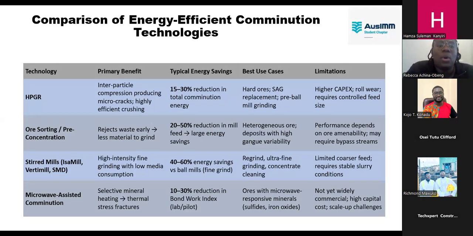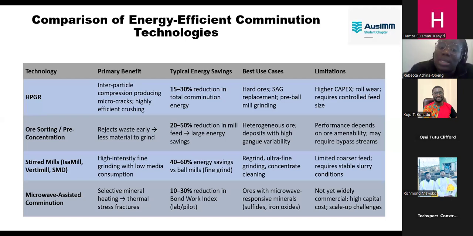So this is a table comparing all the technologies that we've just discussed. So you have the HPGR, ore sorting, stirred mills, and microwave assisted comminution. We realize that with ore sorting, like I said, the most efficient energy saving is the grinding or milling or comminution that is not done.